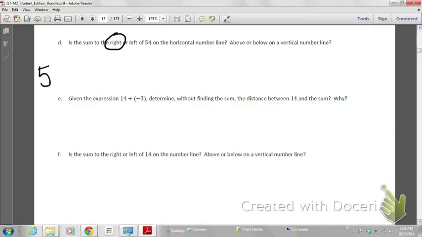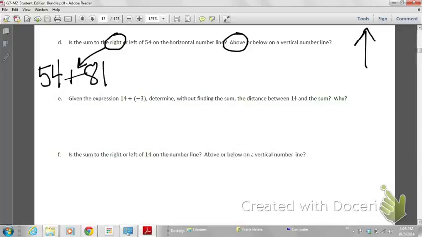Remember, it's 54 plus 81. We're not even talking about the sum right now. It's to the right because we are adding. And then above or below on a vertical number line, it is going to be above, because we are moving upwards into positive territory.